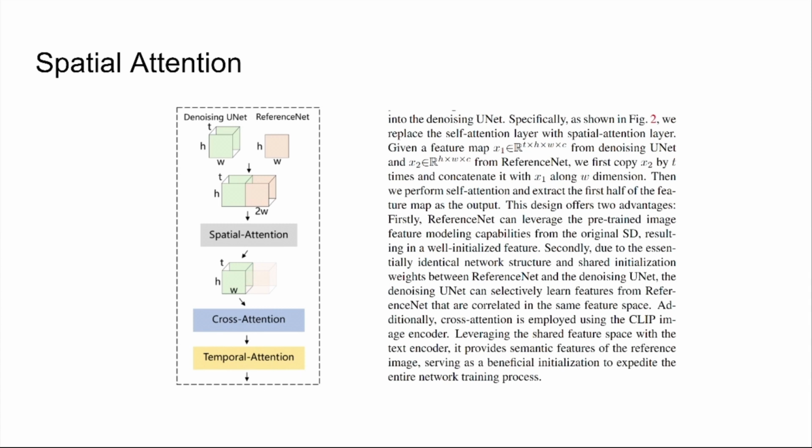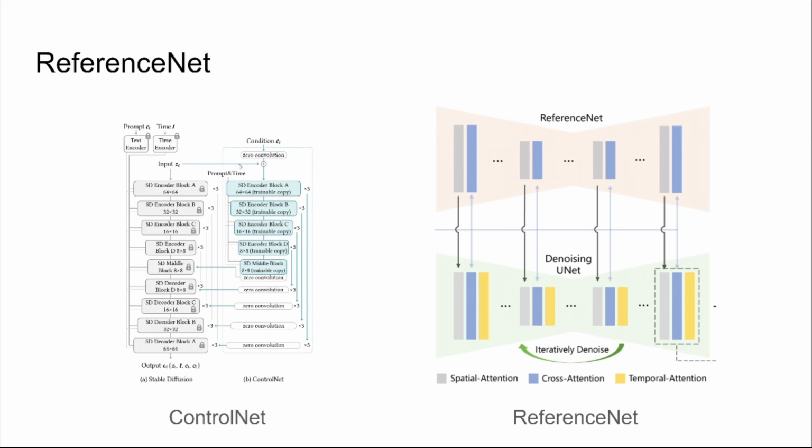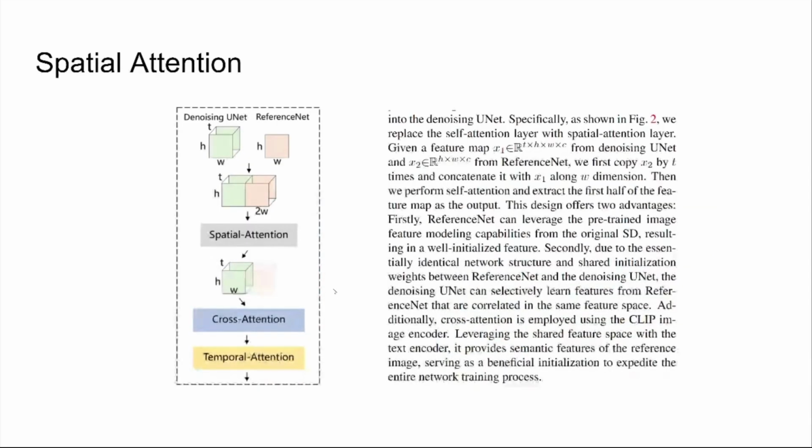For the original stable diffusion, we only use self attention, and also in ControlNet, because the two nets are basically trained separately. For the encoder part there's only the self attention, and for the decoder part it's only the cross attention.